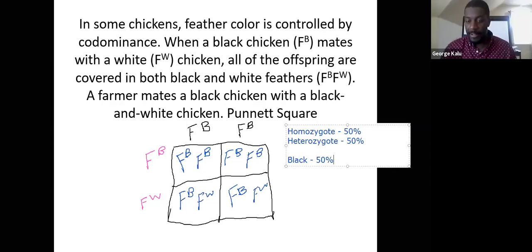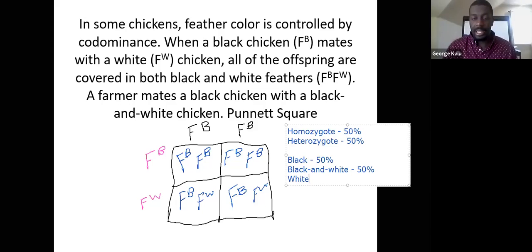50%, right. So it would be 50% because, again, we're looking at our two FB, FBs. What's the chance of having a black and white offspring? 50%, right? Because, again, we're looking at the FB, FWs down here. And then what's the chance of having a completely white offspring? 0, right, because we don't see any FW, FWs.